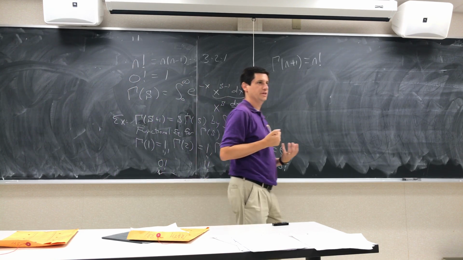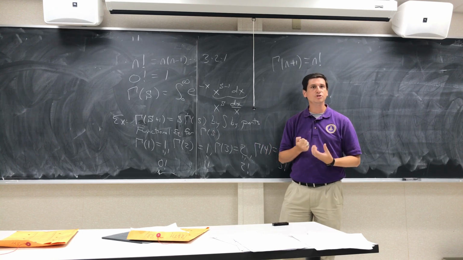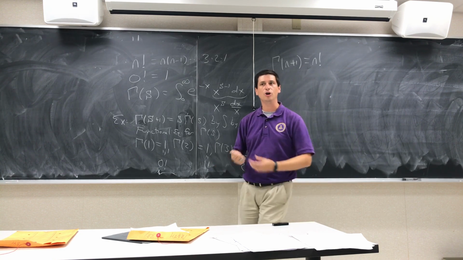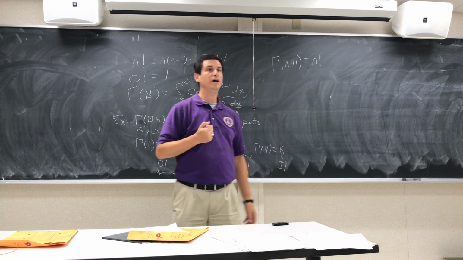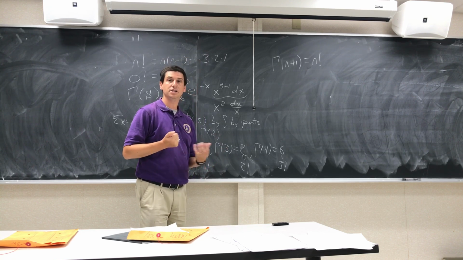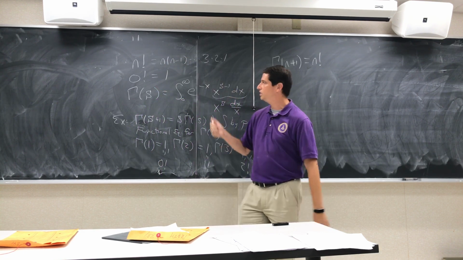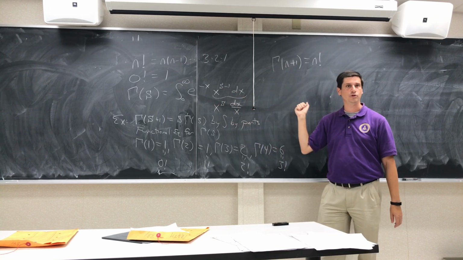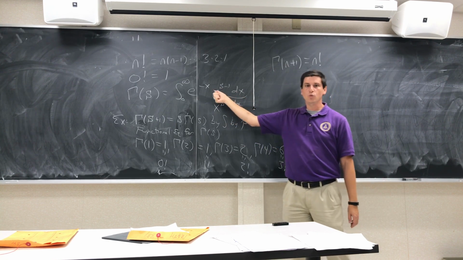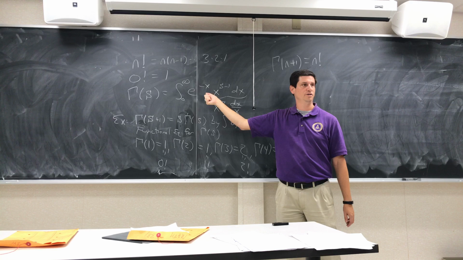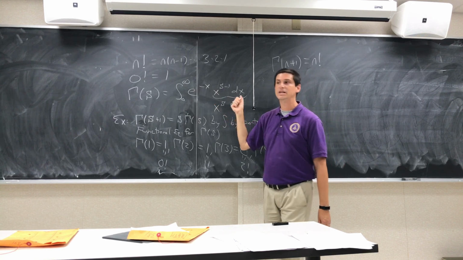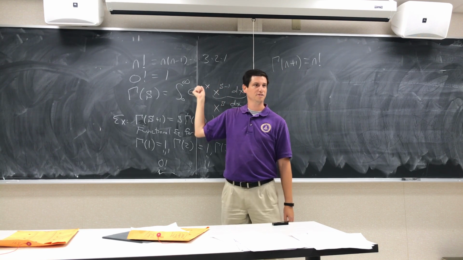Why do we care about this? Well, when we have problems in combinatorics, we have factorials all over the place. We want to understand what happens when n is large. What does n factorial look like? So later in the semester, we will talk about Stirling's formula and ways to estimate what n factorial is. The idea is we have this integral representation. So we might be able to use techniques from what class?